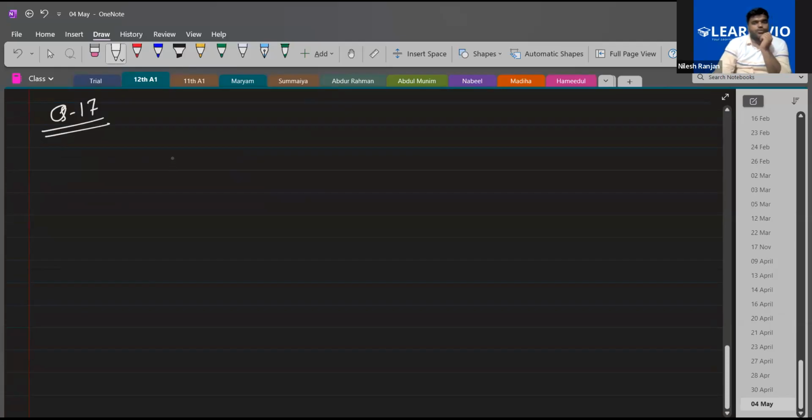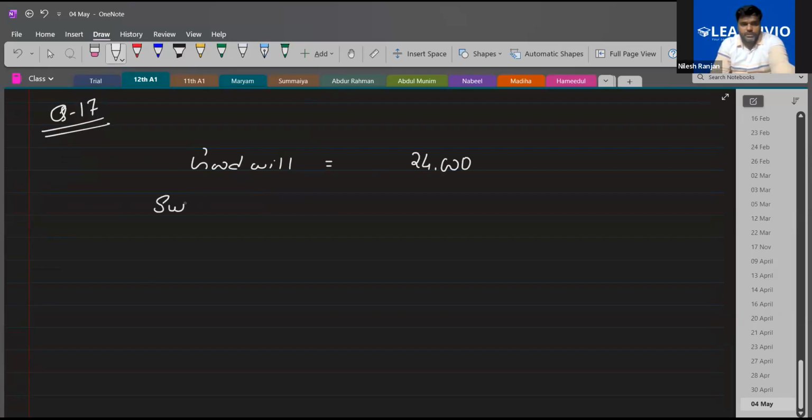Okay, so in this question, we have goodwill, which is calculated on 4 years purchase of super profit. Goodwill equals 24,000. Now to calculate super profit, we have to divide this goodwill by number of years of purchase.